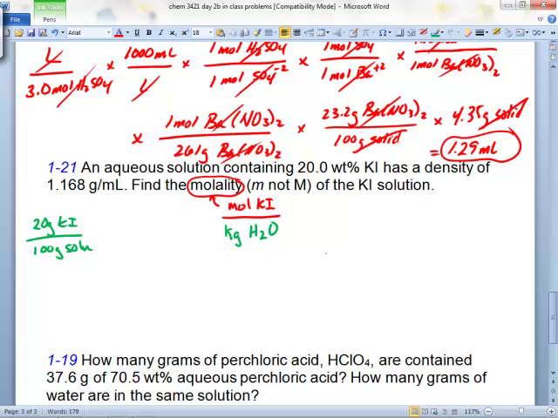What else do we have? Density. What else? So that's it, right? Okay. Moles of KI over kilograms of water.